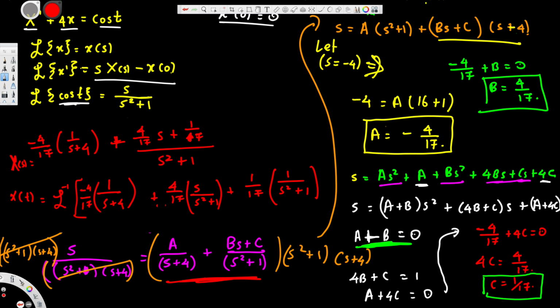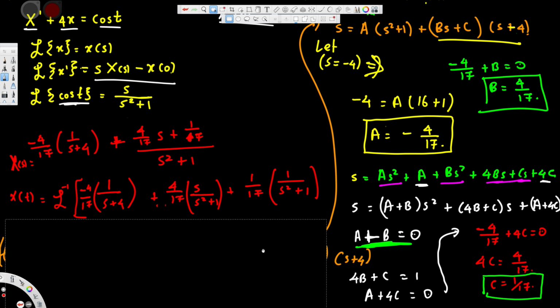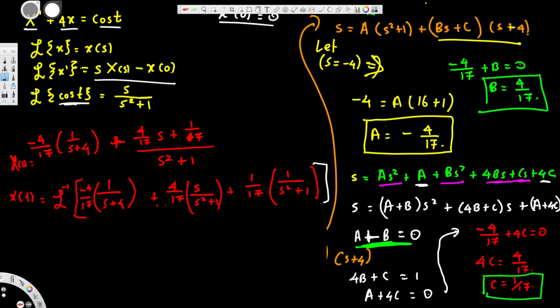Now let's get rid of this one, and let's take the Laplace inverse of the whole thing.